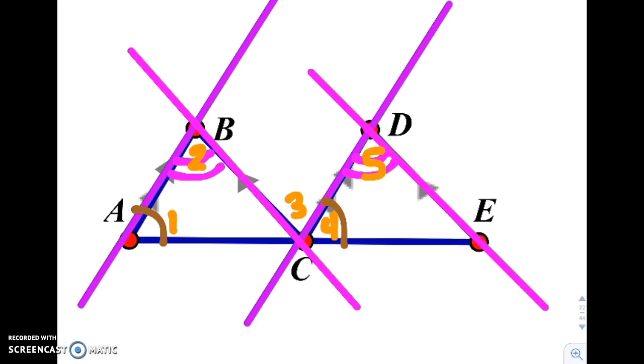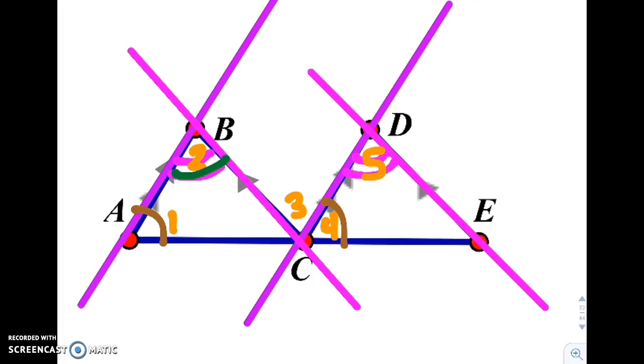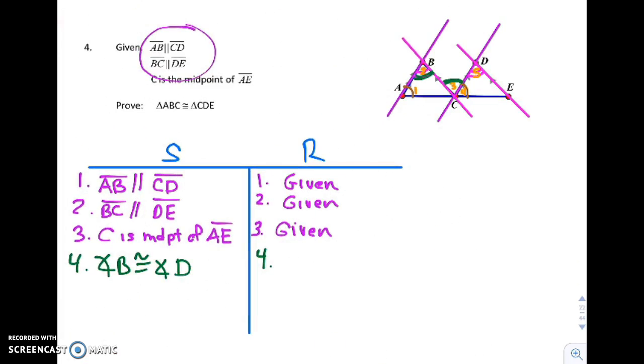Now, angle 2 is actually congruent to angle 3 because of alternate interior angles. So I know angle 3 is not part of either triangle, but let's write down angle 2 is congruent to angle 3.